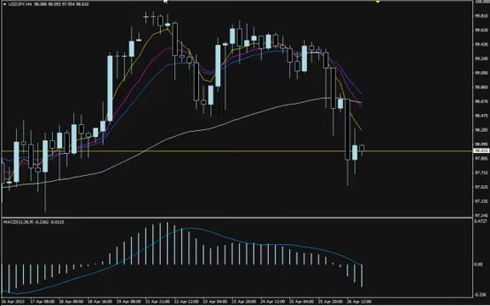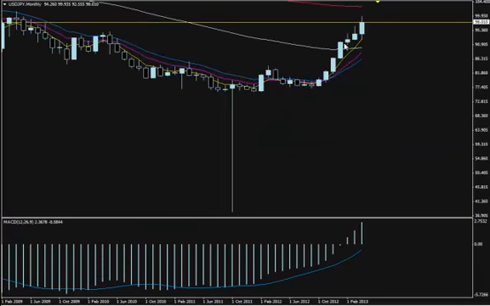Let's see the big picture of the pair. Here we are at the monthly chart, and we see that we had the crossover of the 5, 10, and 15 EMAs, and then they were rearranged in proper bullish order, all of them below the price action, with the 5 EMA just below price, the 10 EMA below the 5 EMA, and the 15 EMA below the 10 EMA.